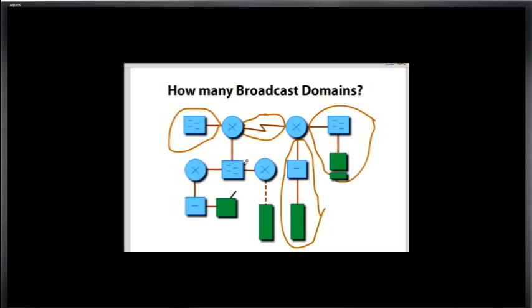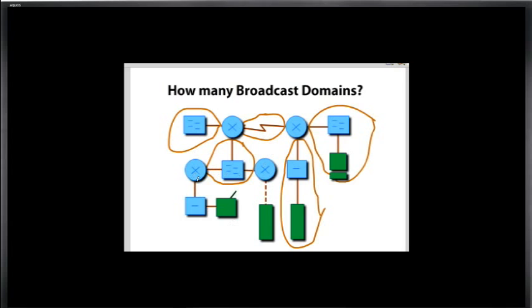In other words, they all need the same address space. So this is one broadcast domain right in here. That's one network. These routers would all need the same network address space. They'd all need to be on the 192.168.1 network, for instance, or something like that.